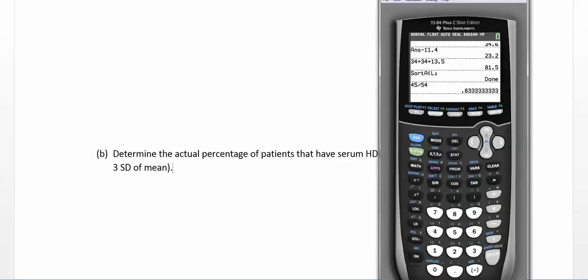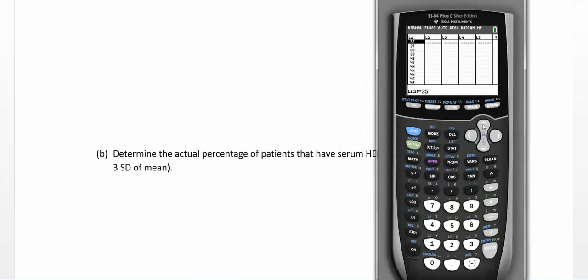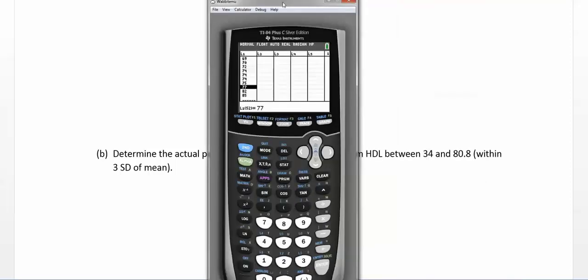Okay, so this last question, they're saying determine the actual percent that fit between 34 and 80.8. Now remember, we have that sorted data, so I can just go back to our list and look between those two values. So 34, we don't have anything on that end, but above 80.8, so we have 1, 2. Okay, so we only have 2 that are above.